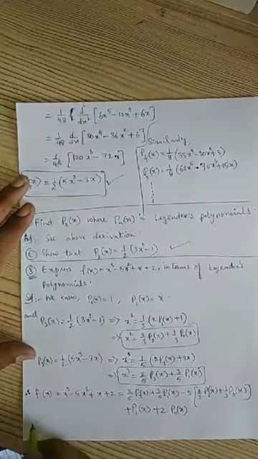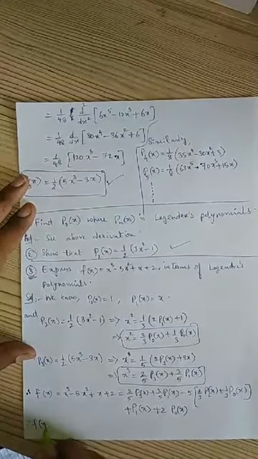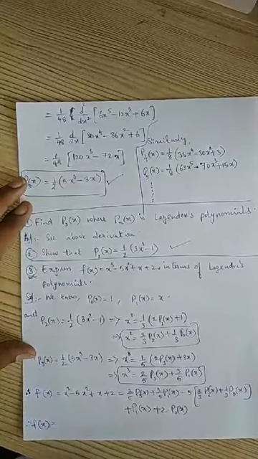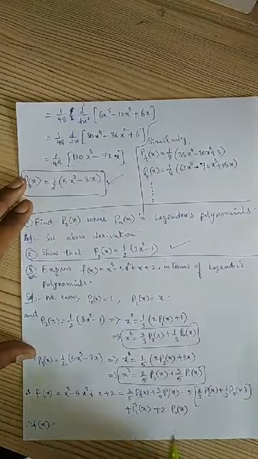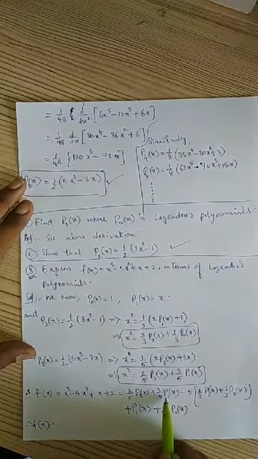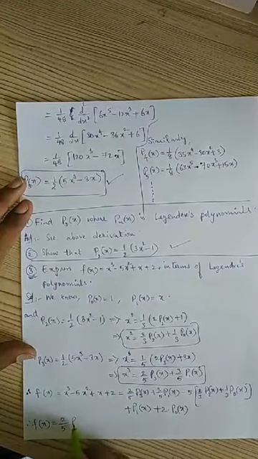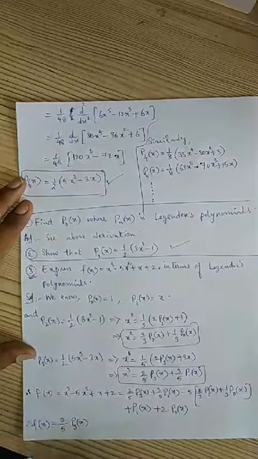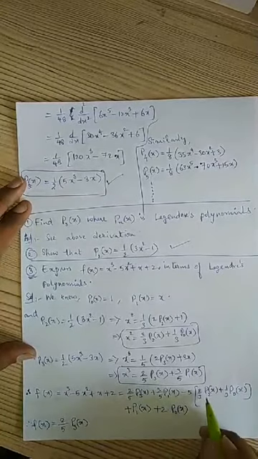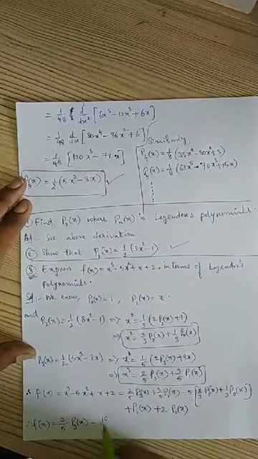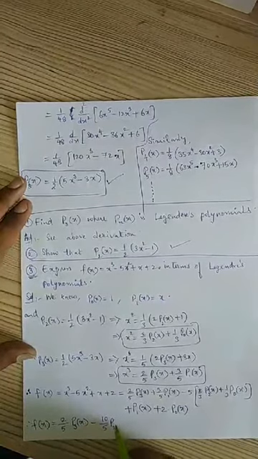Now we will simplify this. Therefore f of x equals, first p3. How many p3s are there? 1 p3 here, no other p3s, so 2 by 5 p3 of x. Then p2 is only here, minus 10 by 3 p2 of x.